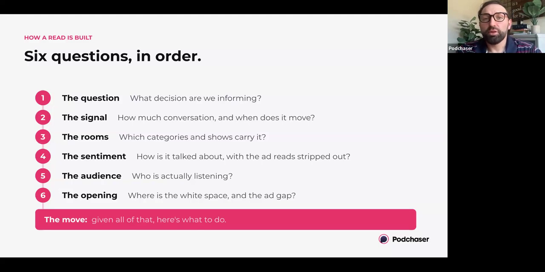Fifth is going to be the audience, so who's actually listening. And this is important because when we think about your favorite podcaster, you can name them, whoever it might be, while the podcaster's opinion doesn't necessarily represent their listener's opinion, the listeners are certainly influenced by the podcaster's opinion, right?